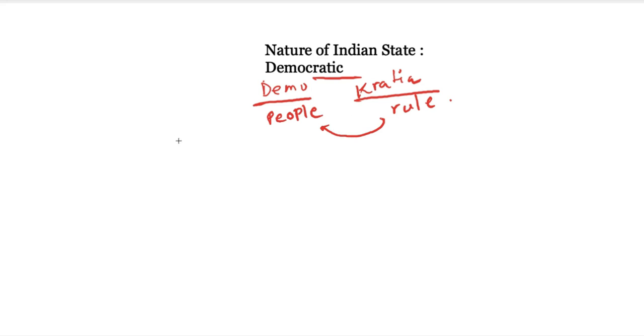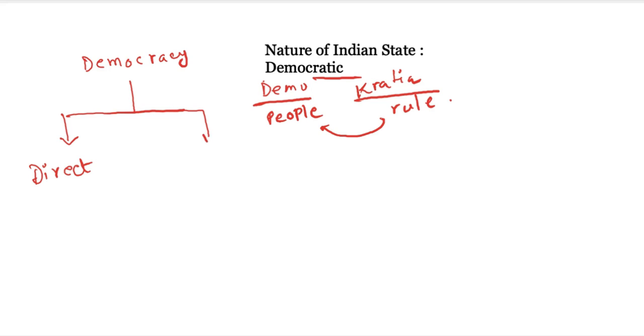A democracy can be of two types. One is direct democracy, another is indirect democracy. What are the characteristics of direct democracy?